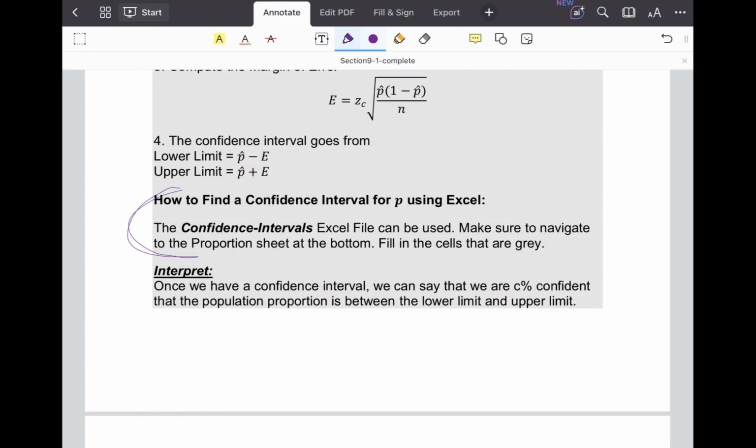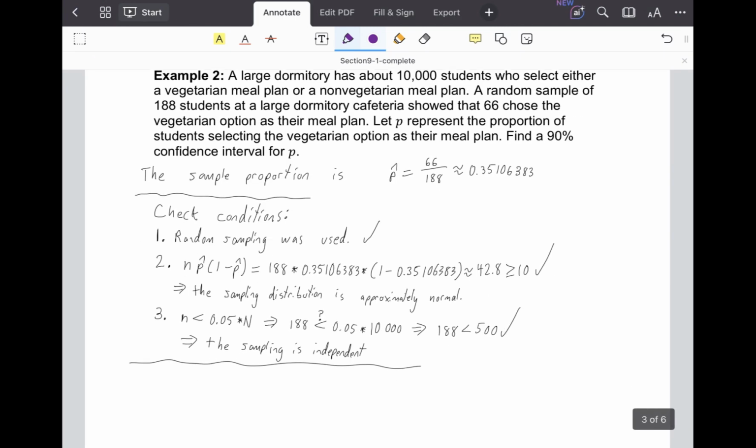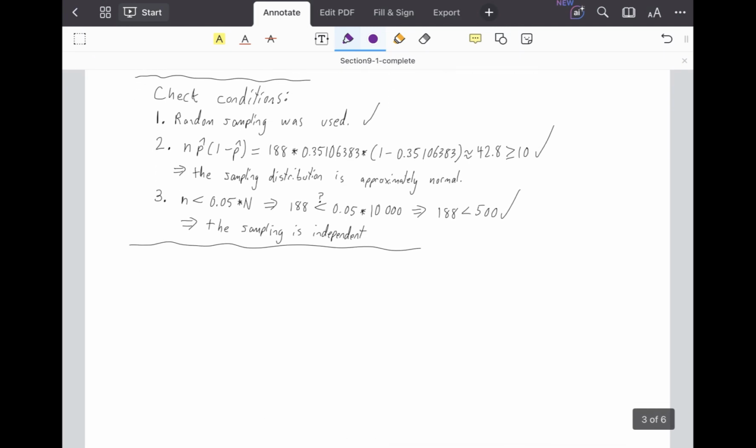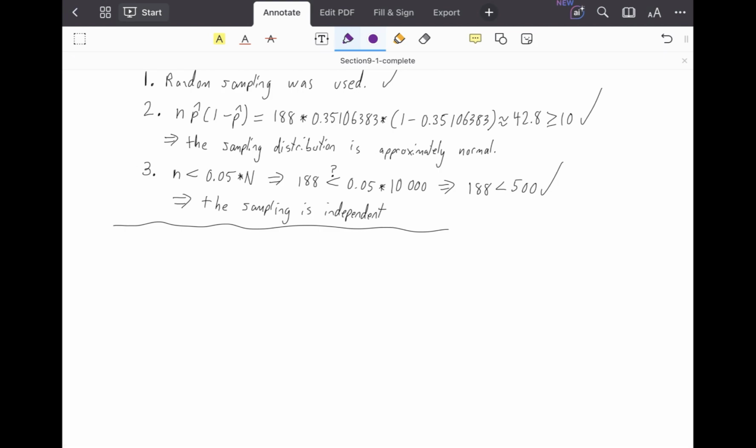But I really do just want you to use the Excel file for this. It makes it quicker to do the calculation and a little bit more accurate because it keeps all the decimal places. So it's a good idea to use this Excel file.